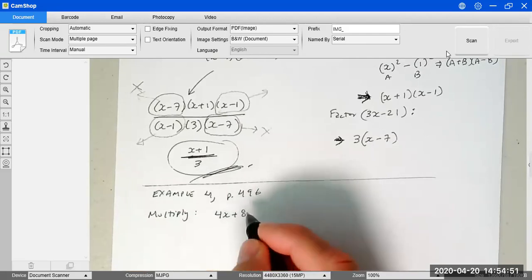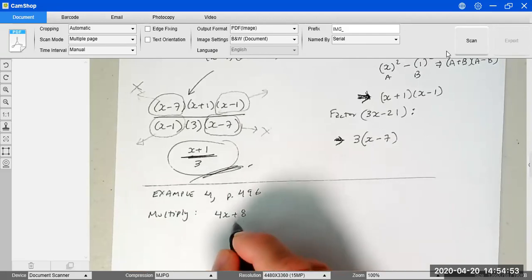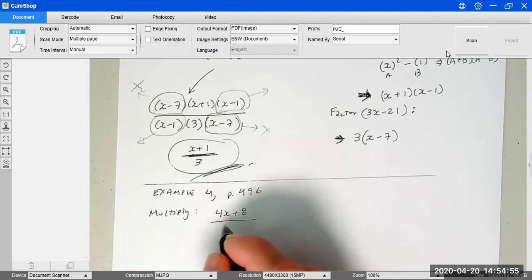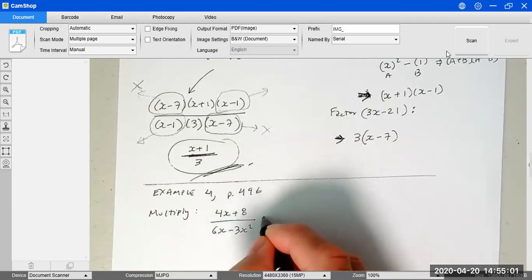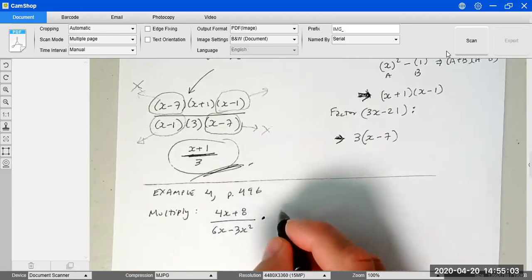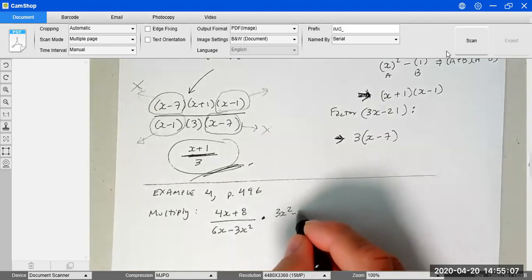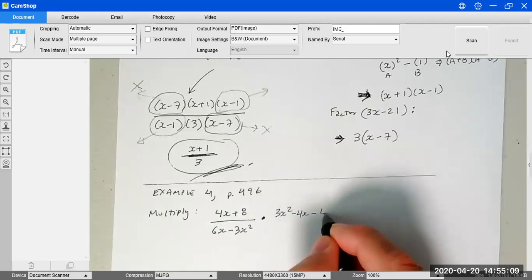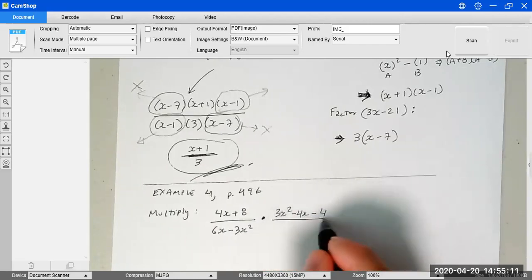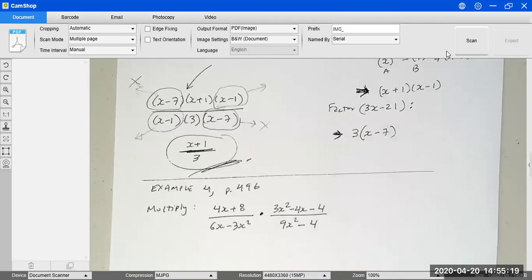So we have 4x plus 8 over 6x minus 3x squared, and that multiplies 3x squared minus 4x minus 4 over 9x squared minus 4. So that's what we have.